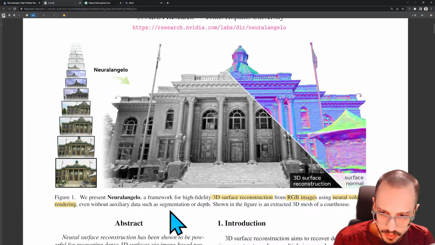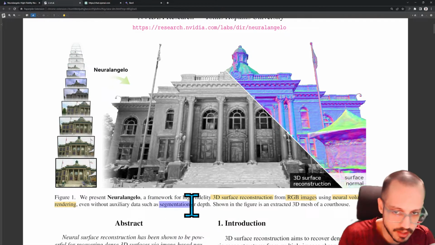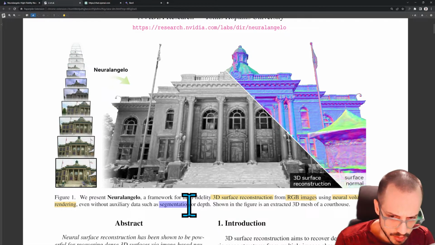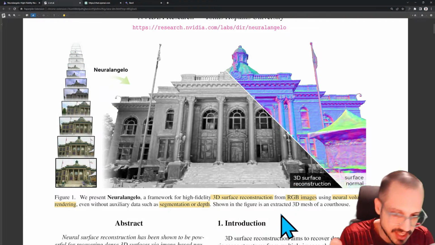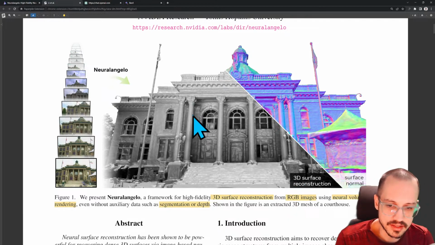Even without auxiliary data such as segmentation or depth. Segmentation is whenever you take an RGB image and cut it up into different areas, usually corresponding to different semantic concepts, such as background or foreground, which is the easiest one. And then depth. Sometimes you'll see an RGBD, and what that means is that there's a depth channel, and depth can be done implicitly or explicitly.